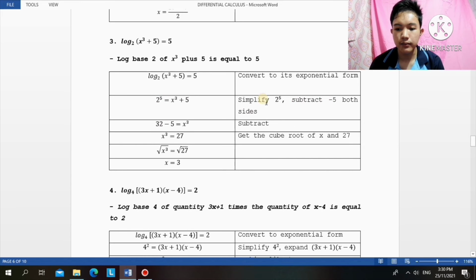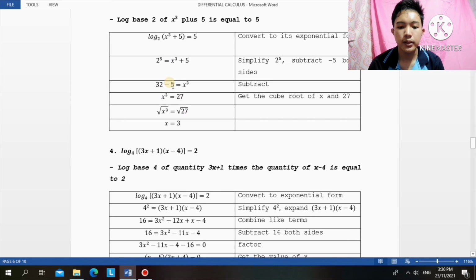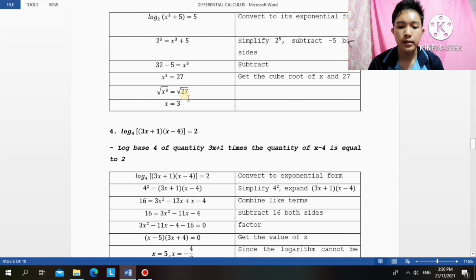Then subtract 5 from both sides. So 32 minus 5 is equal to x cubed. So 32 minus 5 is equal to 27. Then get the cube root of x cubed and 27. So the cube root of x cubed is equal to x. Then the cube root of 27 is equal to 3. So our x is 3.